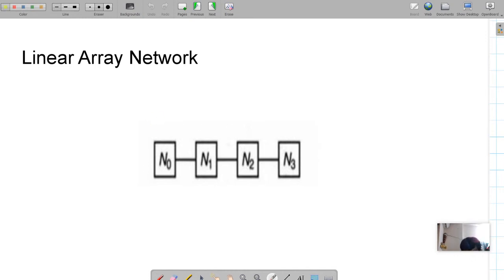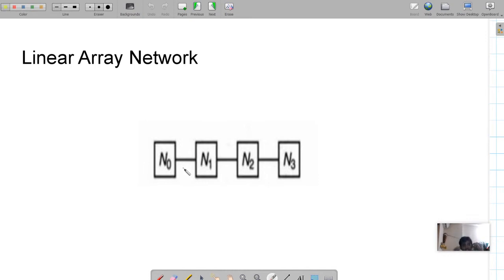Look into the linear array network. Try to find out the nodes which don't have 2 as their degrees. Node 0 and node 3. Right.